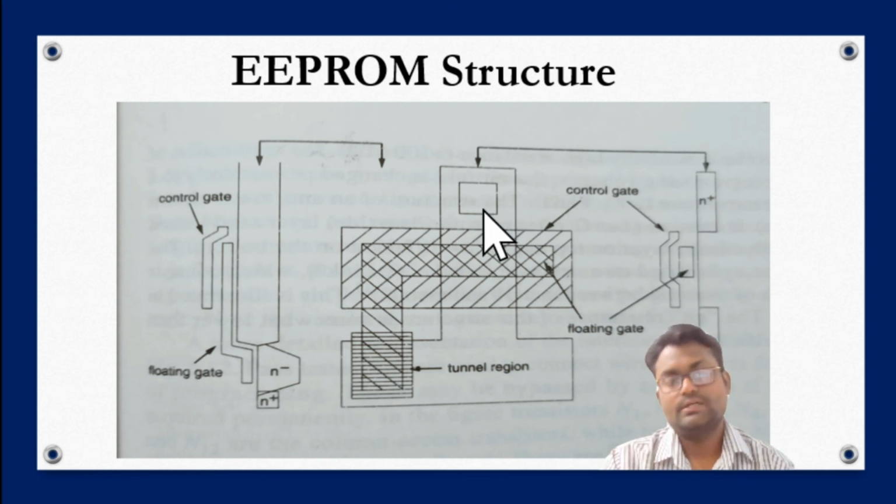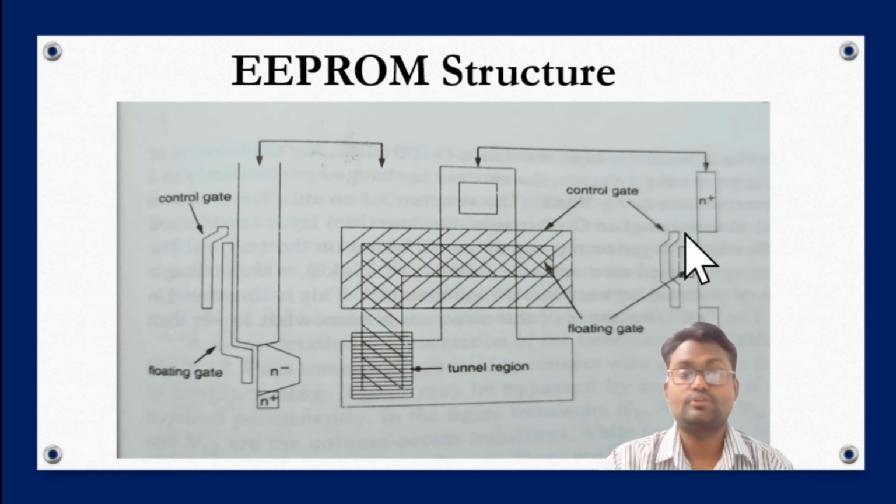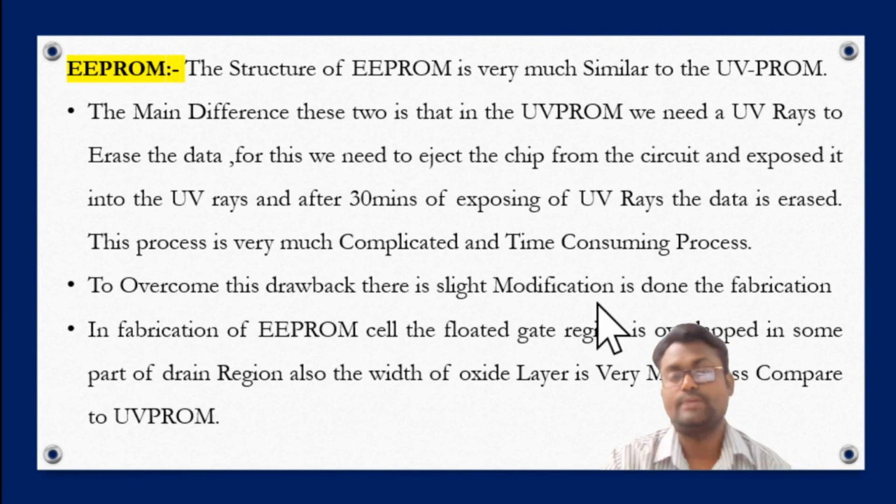So for erasing the data with this gate structure, when we provide some drain voltage, the electrons doped in the gate structure are separated from the floating gate, and the data stored in the floating gate is erased completely. Okay, so this is the only difference between the EEPROM structure and the UV erasable programmable structure.